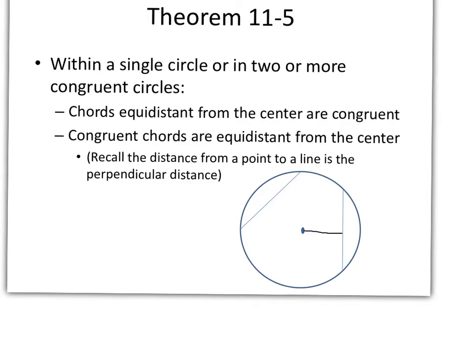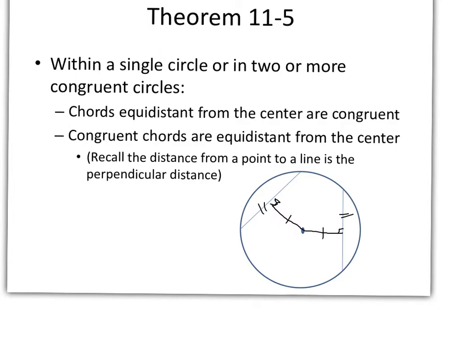So if the distance from here to here, and that's the perpendicular distance, is the same as the distance from here to here, from the center to the chord, if that distance from the center to the chord is the same for both of those chords, then my chords are congruent to each other.